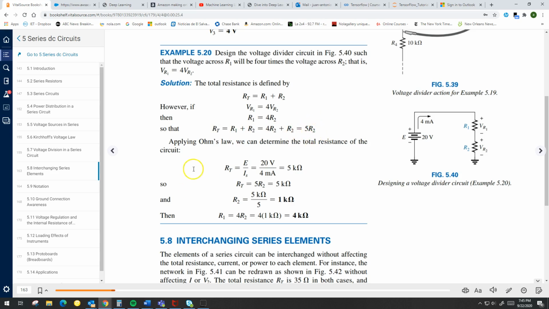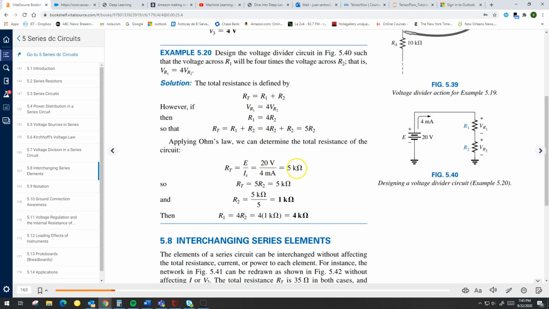Okay? And if we apply Ohm's law, we can see that the total resistance is equal to this voltage divided by the source current, right? Then we know what this voltage is. We know what the current is. So if we divide the voltage over the current, we get a total resistance of 5 kilo ohms.